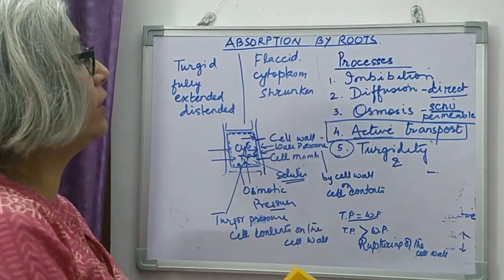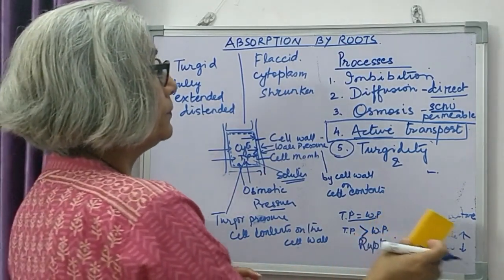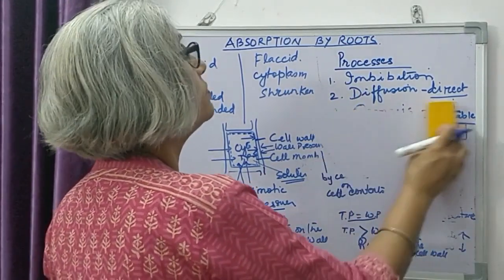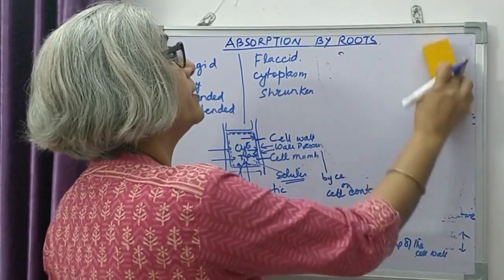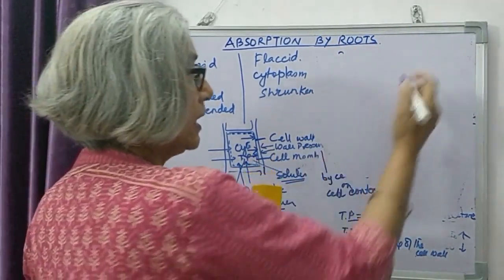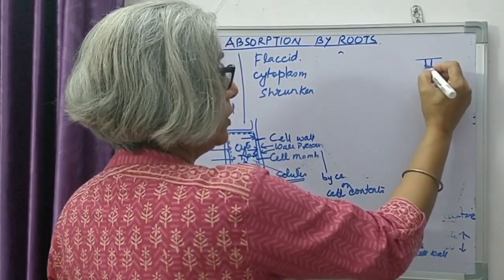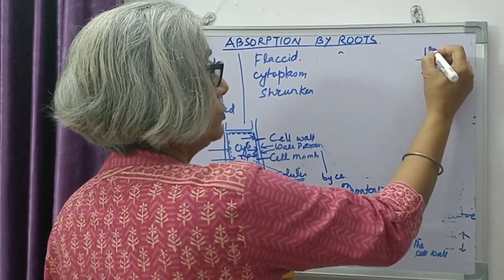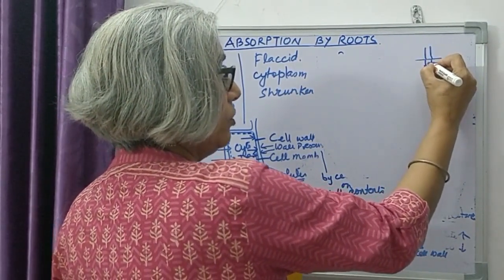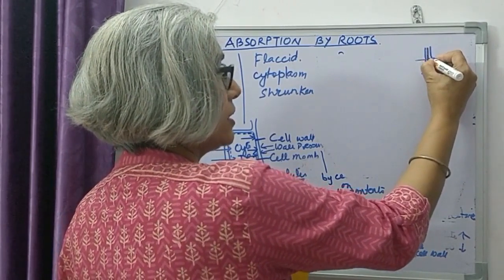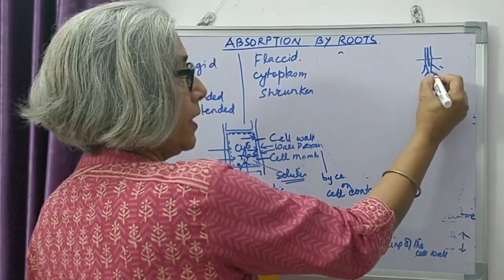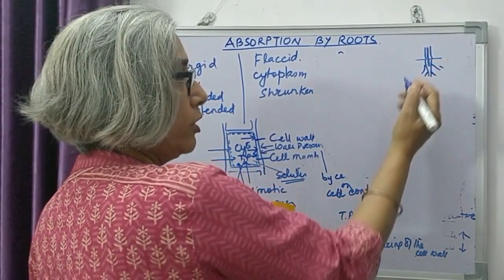Now I will explain one more thing to you. Let me just erase all this because I need to draw a diagram here. Yesterday I told you the root is connected to the shoot. The xylem of the root is in direct connection with the xylem of the stem. Now the roots absorb water from the surroundings.